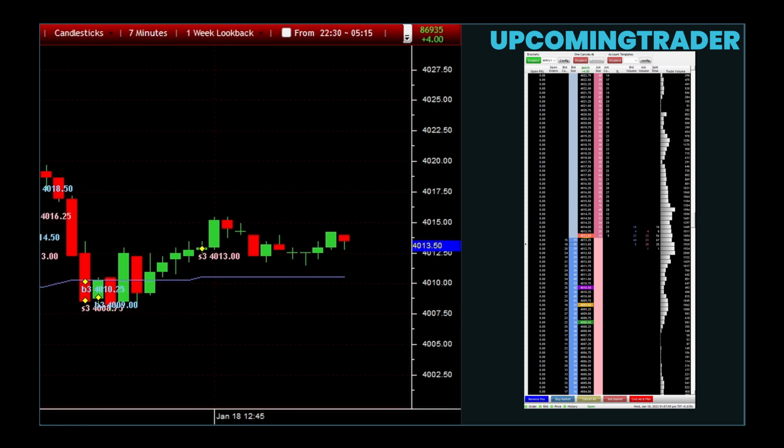Wedge patterns can also be effective when combined with volume profile. A rising wedge forming near a high volume node can signal exhaustion in an uptrend, suggesting a possible reversal to the downside. Conversely, a falling wedge near a low volume node could indicate a strong breakout to the upside.